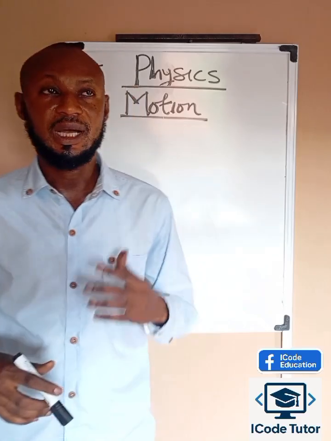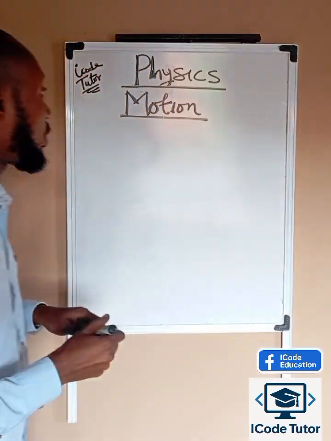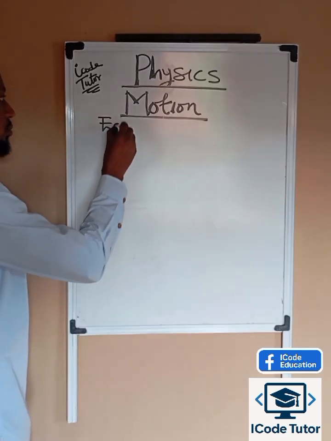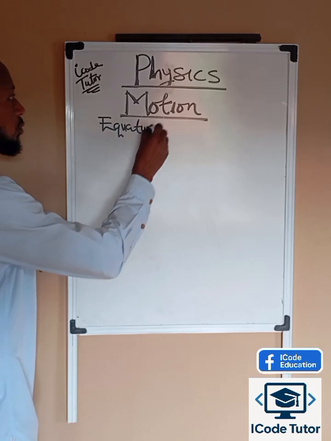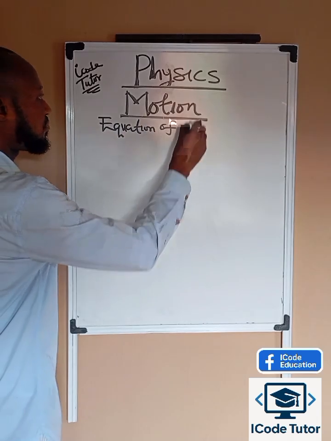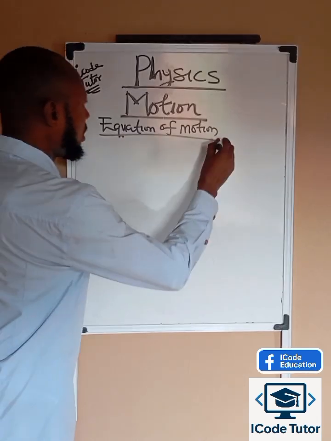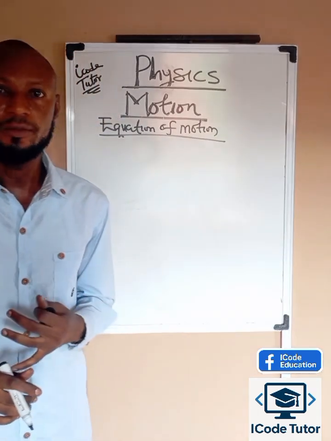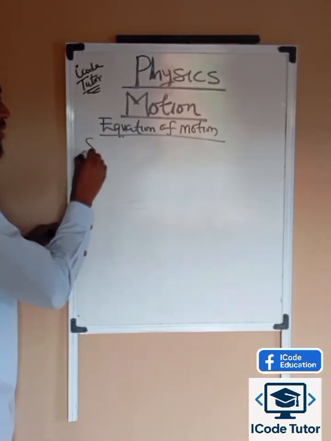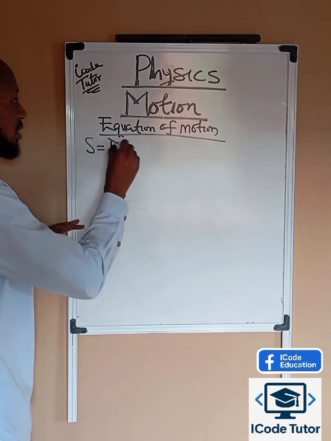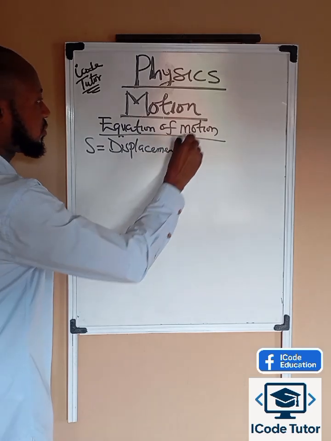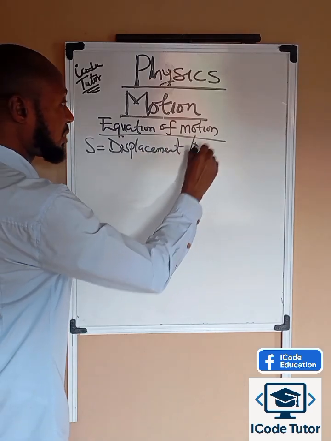Now, under motion, we have what we call the equation of motion. Before moving to the equation of motion, there are some things you need to note. Take note of S, which is displacement, referred to as distance at times.